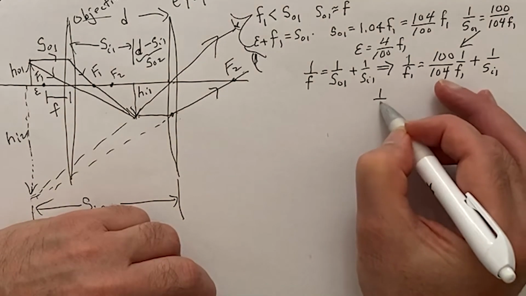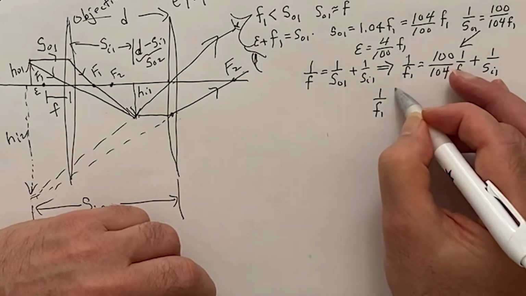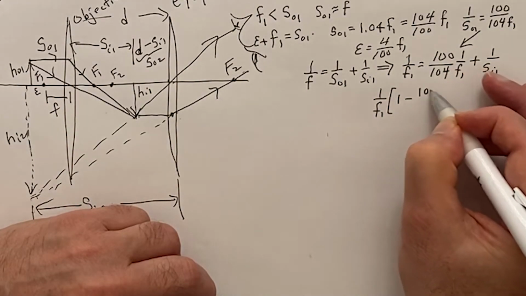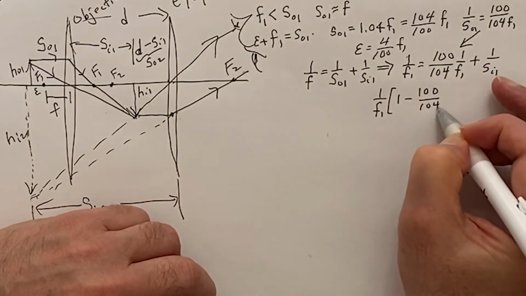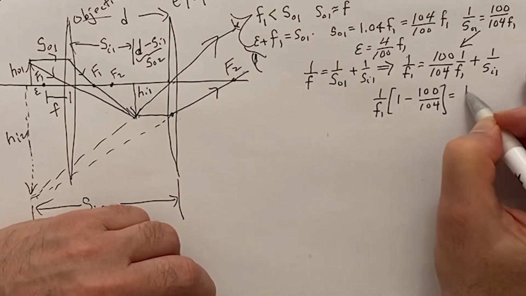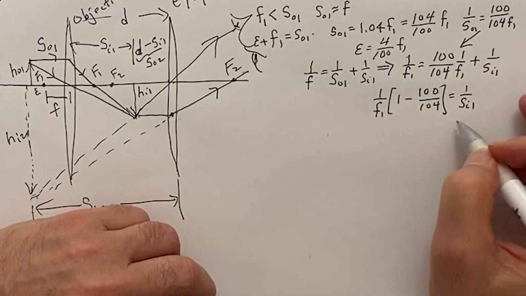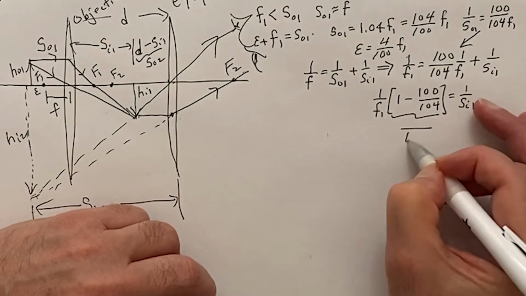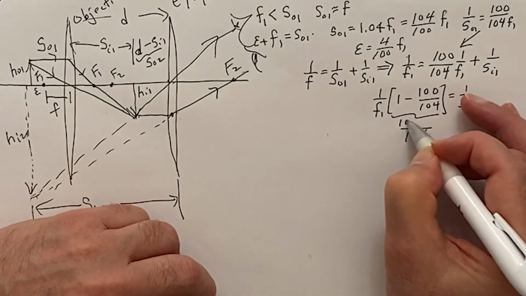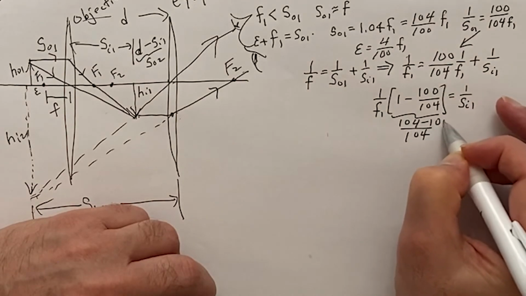So this is going to be 1 over F1 times (1 minus 100 over 104) is 1 over SI1. And if we do this, this is going to be 104 minus 100.